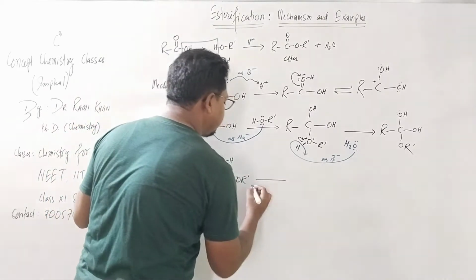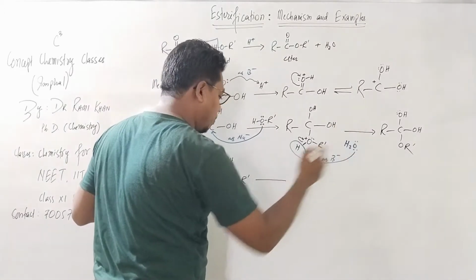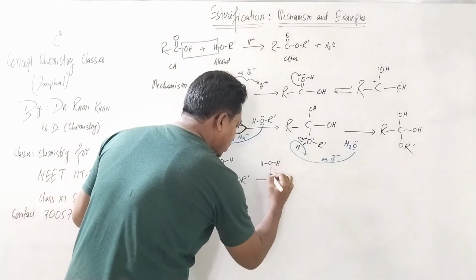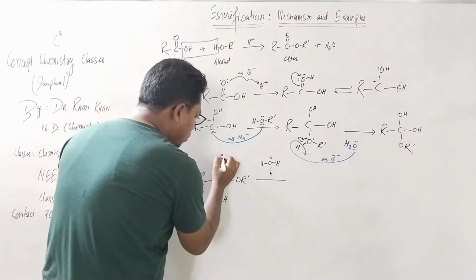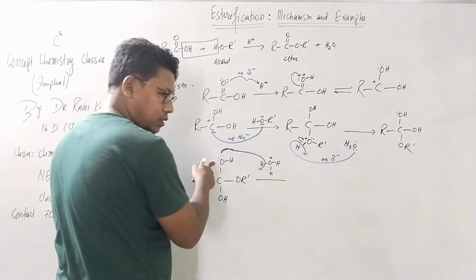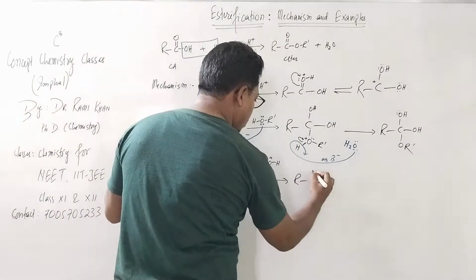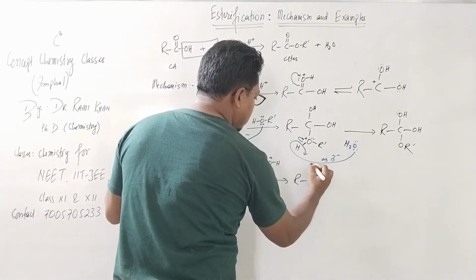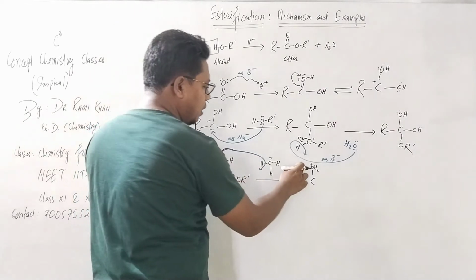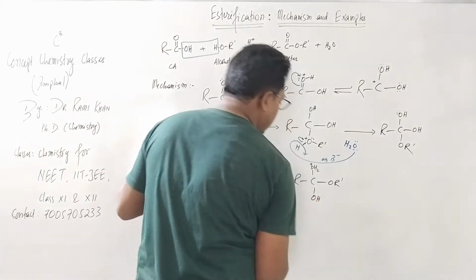So this H2O and the H plus become H3O plus. This oxygen abstracts this hydrogen again as a base, so this becomes R C OH2 plus, with one hydrogen abstracted from the hydronium ion. This is our OR dash, this is our OH.